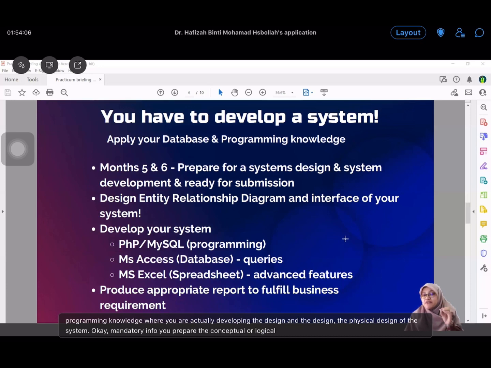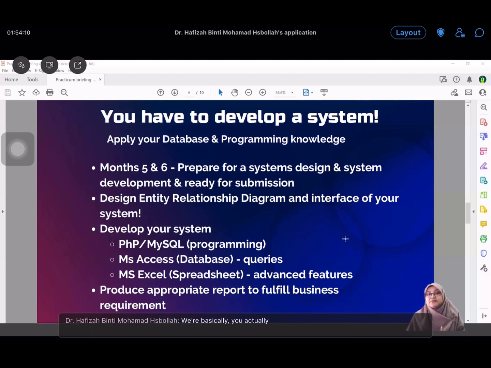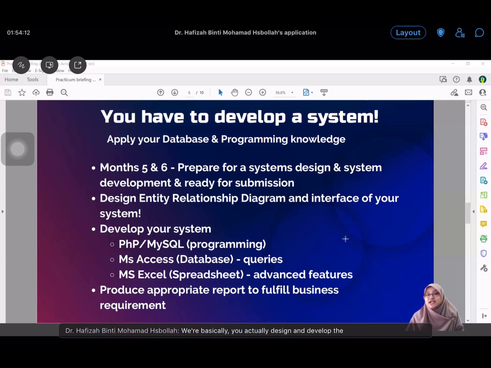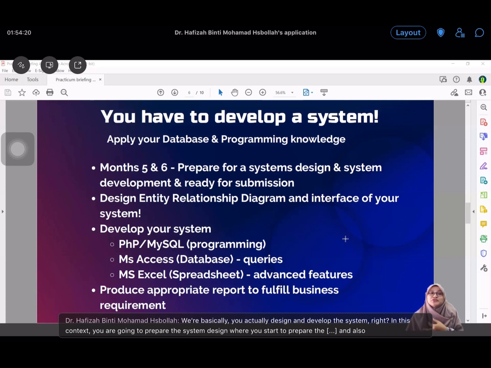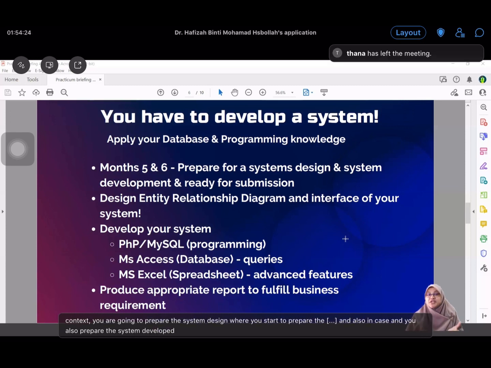Months 5 and 6, you actually design and develop the system. In this context, you prepare the system design, where you start to prepare the ERD and also the interface, and you also prepare your system development using a programming language, PHP, MySQL, Microsoft Access also can.